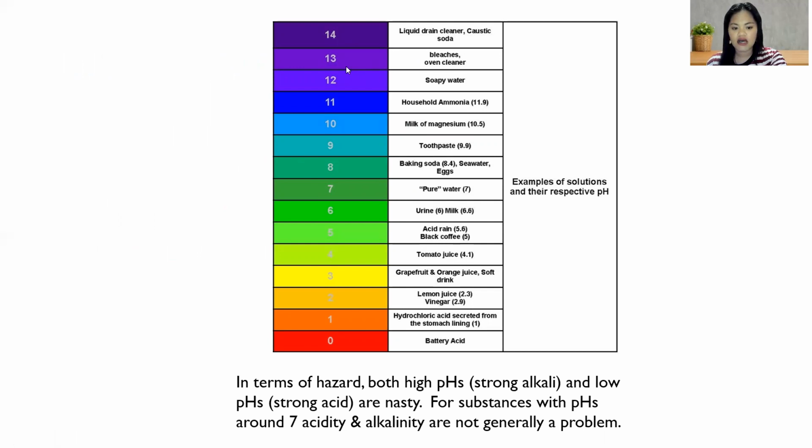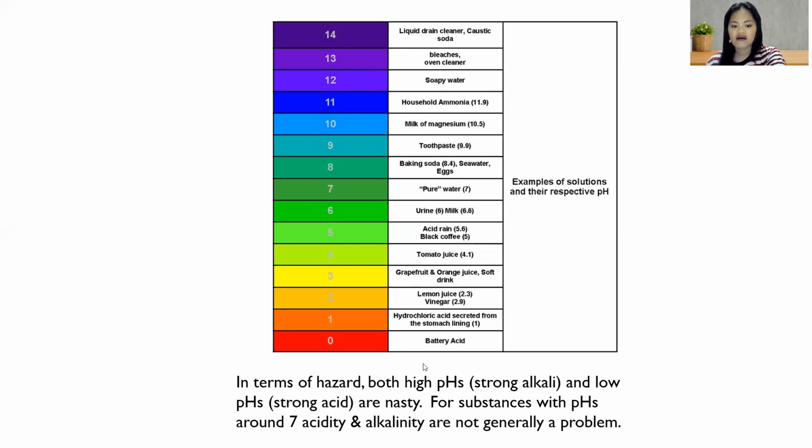This is the table with a color variation, a color identification from red to violet, and it categorizes strong acid and strong alkali. For substances with pH around 7, acidity and alkalinity are not generally a problem.